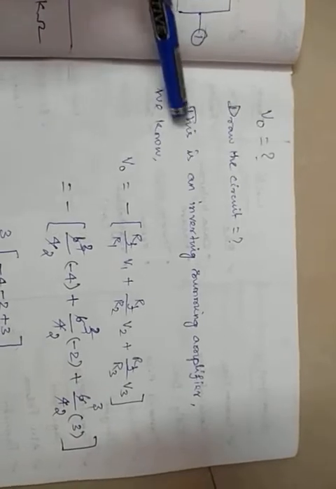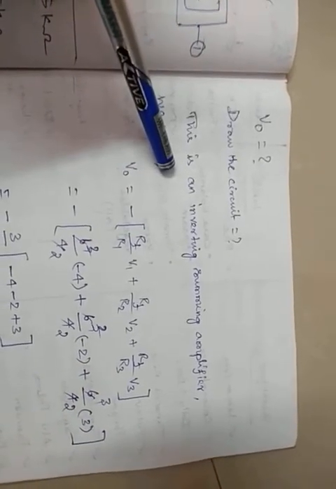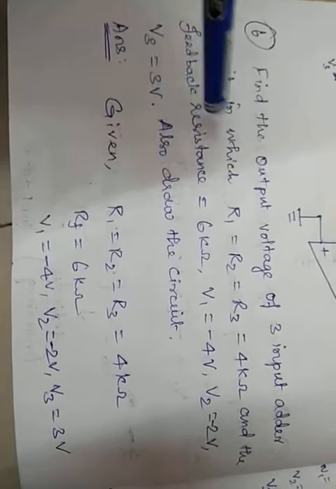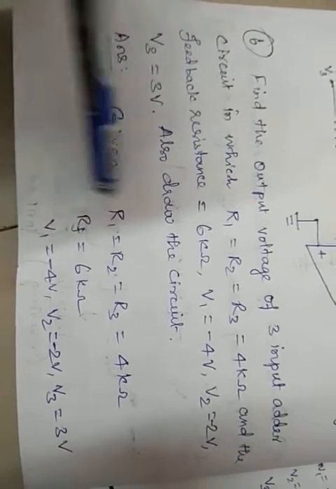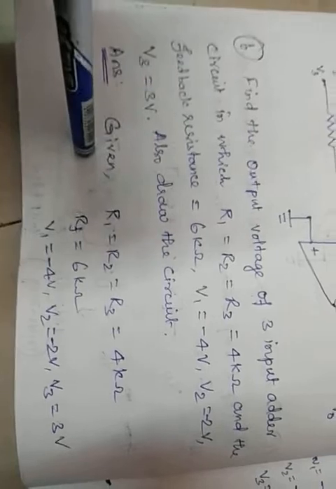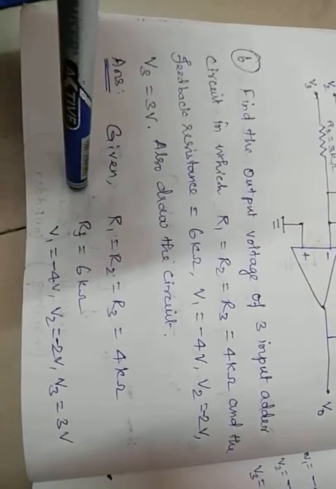This is an inverting summing amplifier, as we understand from the given data. In this question R1, R2, R3 and RF values are given, right? If an R value were also given, then it would be a non-inverting summing. R value is not given, so this is an inverting summing.